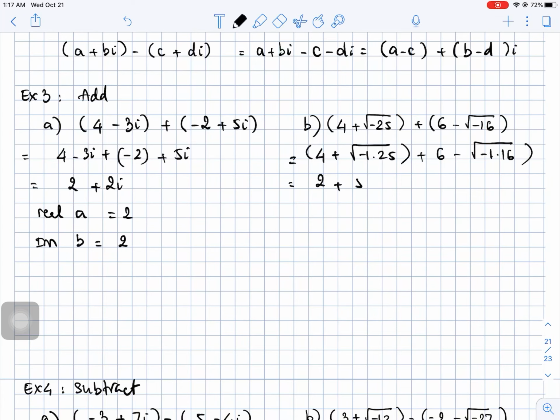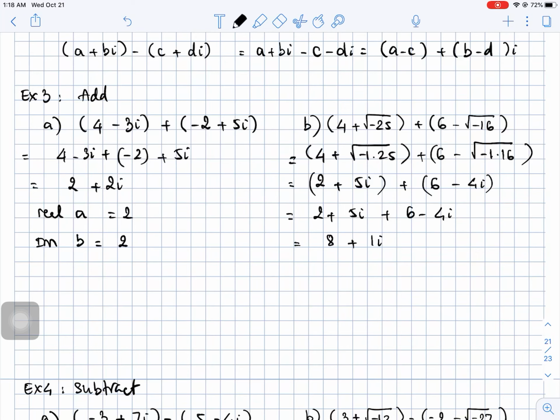In problem B, we have to simplify the square root of a negative number first. Then 4 plus square root of negative 1 times 25, and 6 square root of negative 1 times 16.